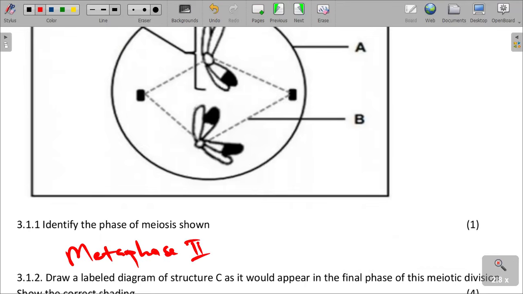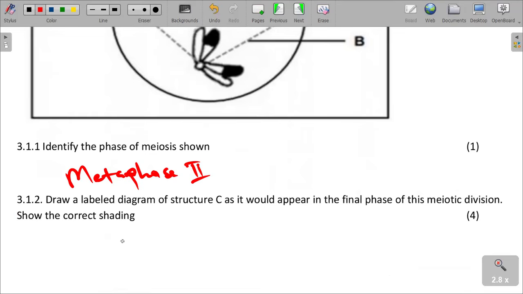There are many videos that address the process of meiosis. Next, draw a labeled diagram of structure C as it would appear in the final phase of meiotic division. Show the correct shading.